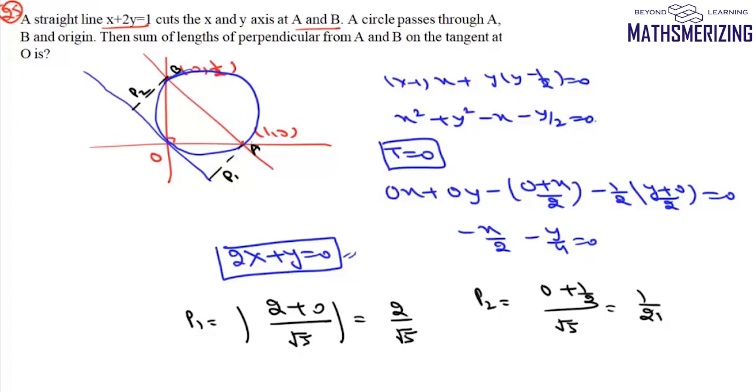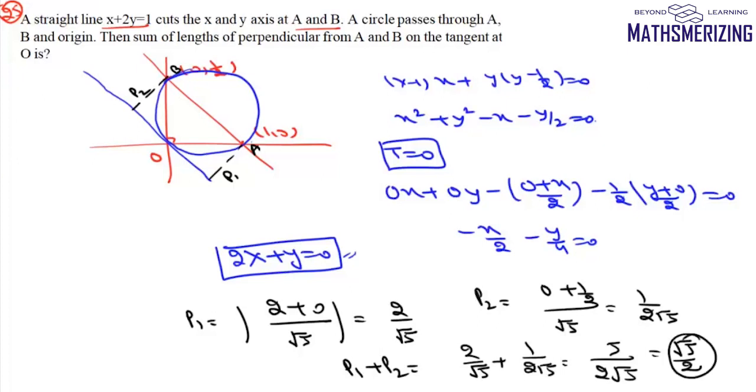So it'll be 1 upon 2 root 5. Now we need to find sum of these perpendiculars. So it'll be 2 upon root 5 plus 1 upon 2 root 5. So it'll be simply under root 5 by 2. And that is the answer to this question.